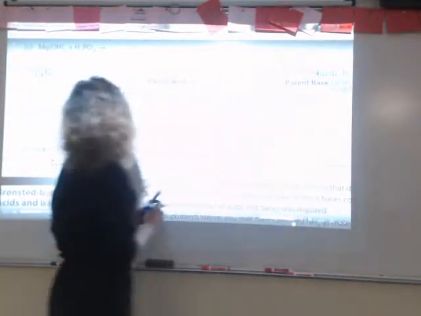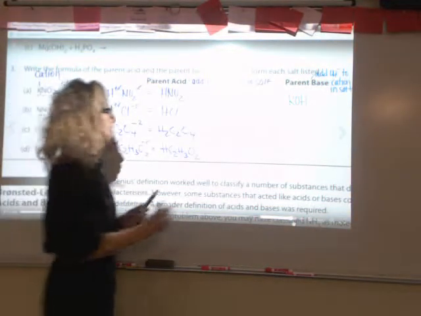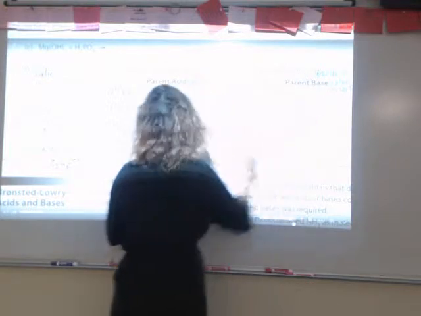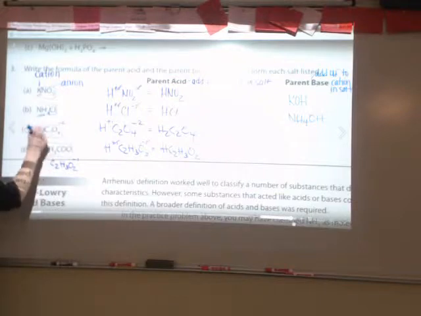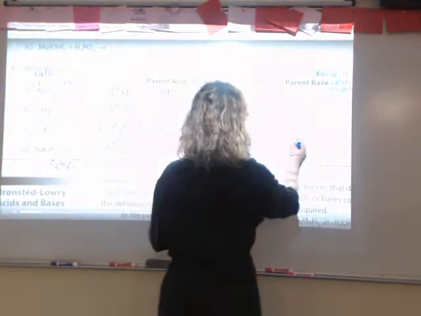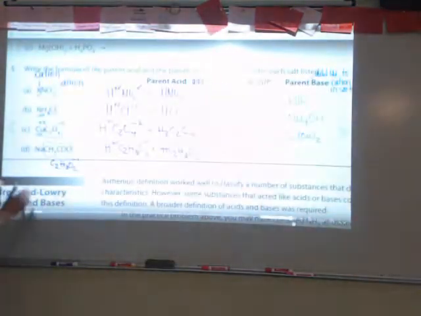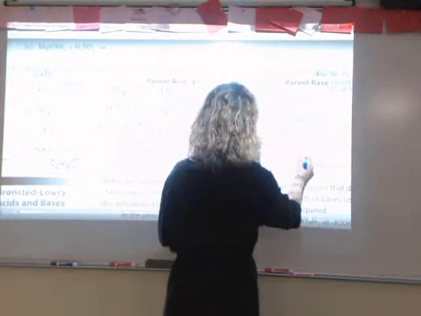How about the next one? The ammonium ion, NH4OH. And then, since we had a -2 charge on this ion, this is a +2 Cu. So I would get Cu(OH)2. And then this last one is sodium, which would give me NaOH. Easy enough?